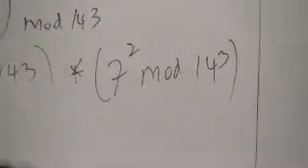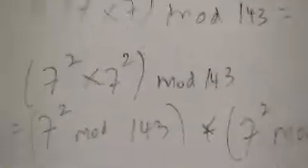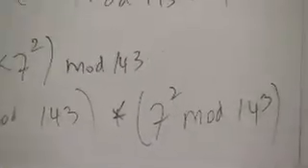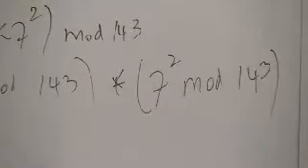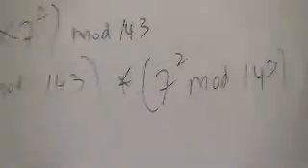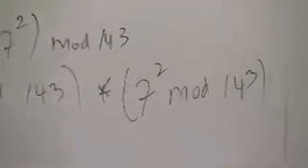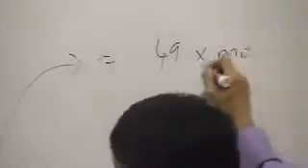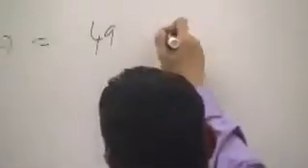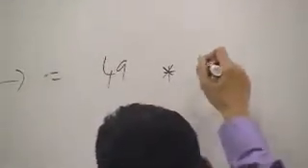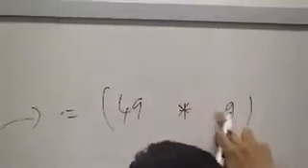If the whole thing exceeds 143, you have to take the mod 143 again. So you repeatedly take the mod until you get something between 0 and 142. So 49 times 49 mod 143.